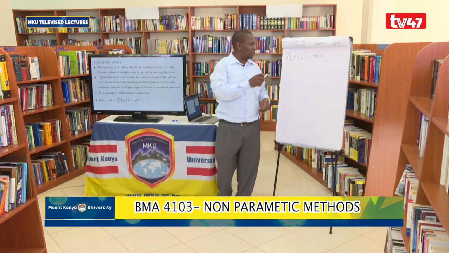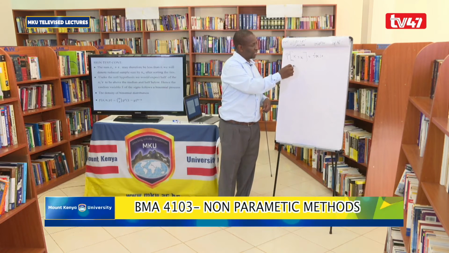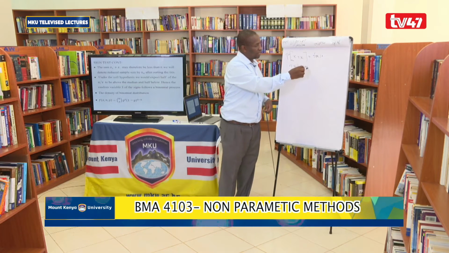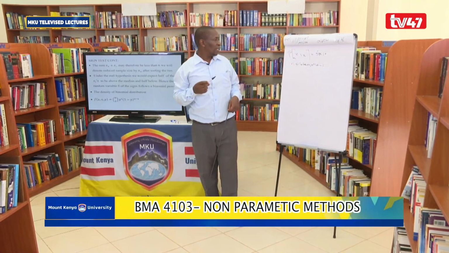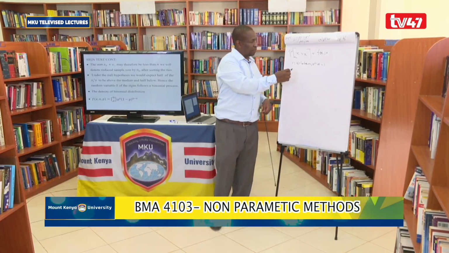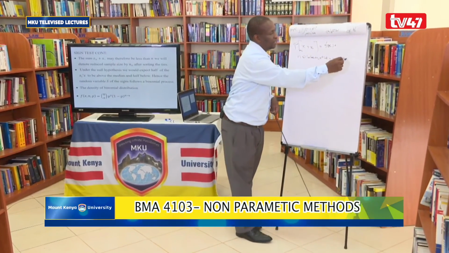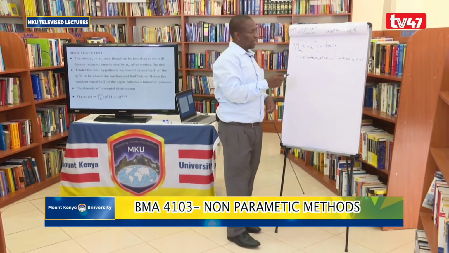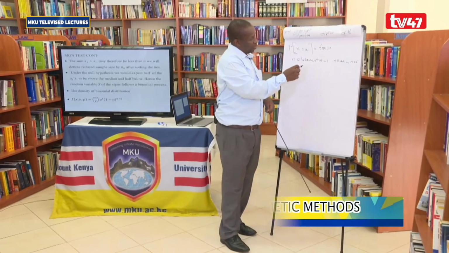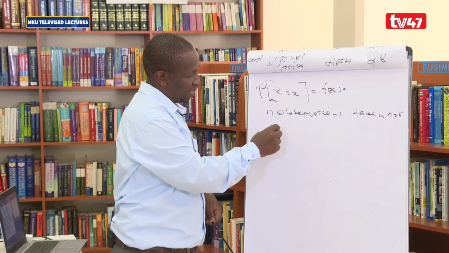Say, for example, if we have n observations, take n equals 5, and we want the probability of 2 occurrences of success, where x is success.